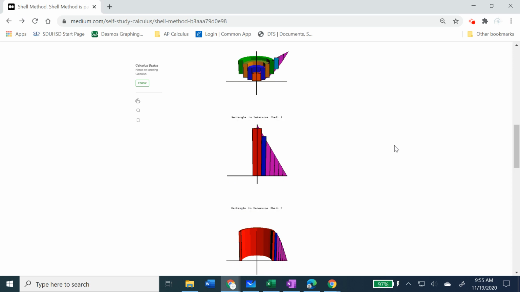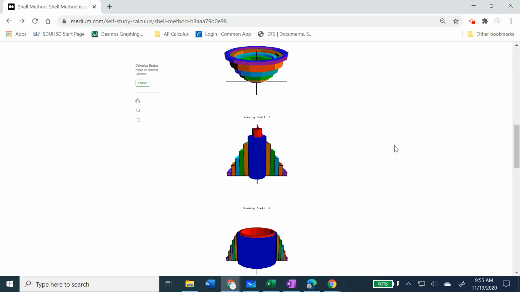And then it's drawing sample vertical rectangles. And then it's halfway rotating so that you can see it a little bit better. And then it finishes up to a full rotation and slowly brings each shell in.